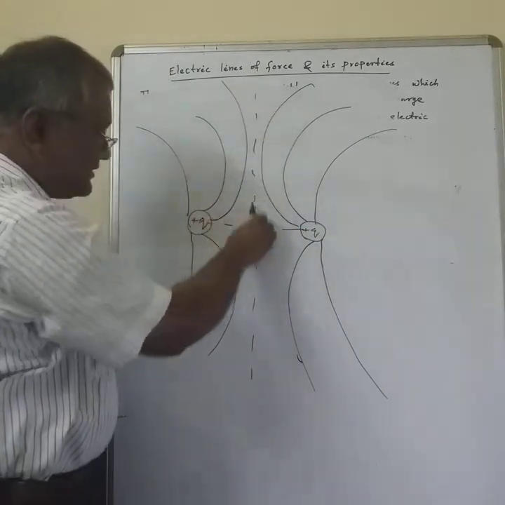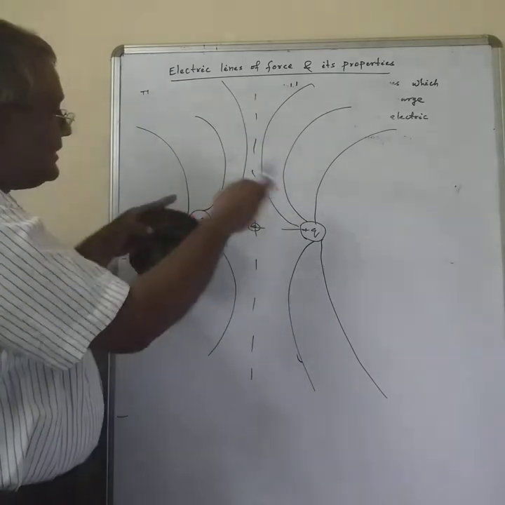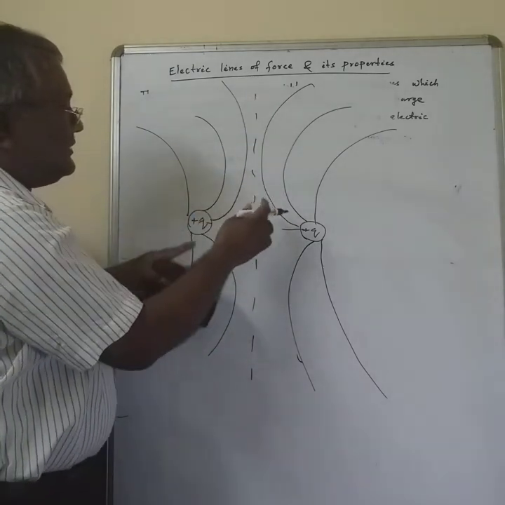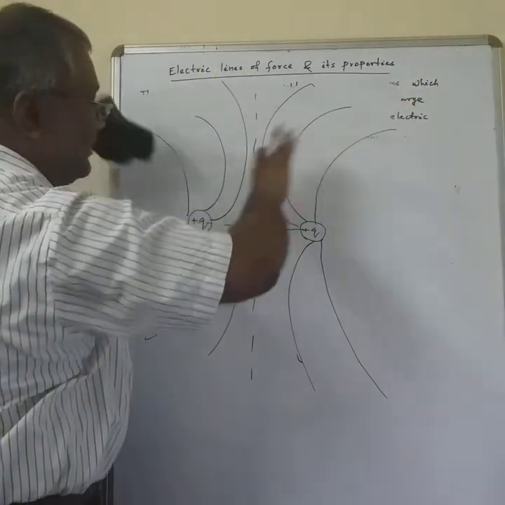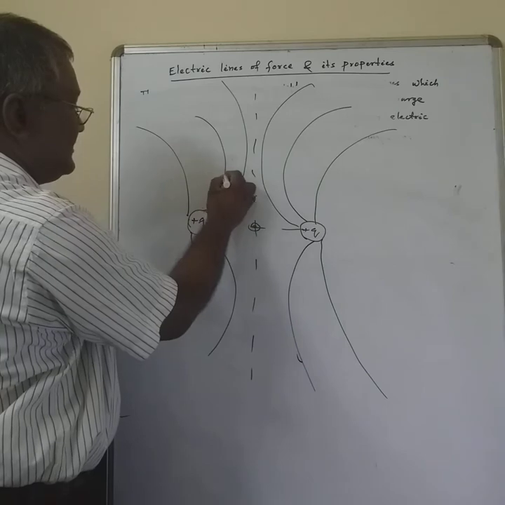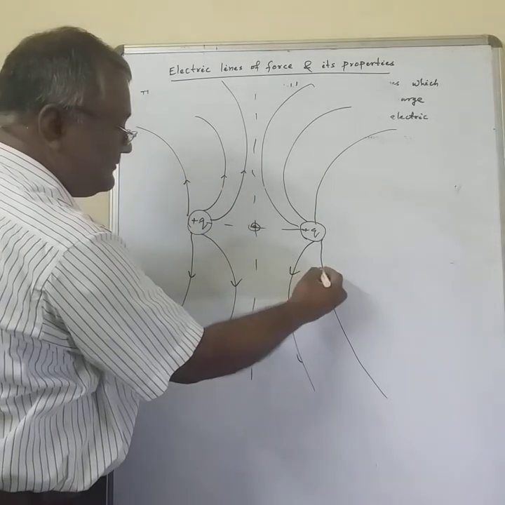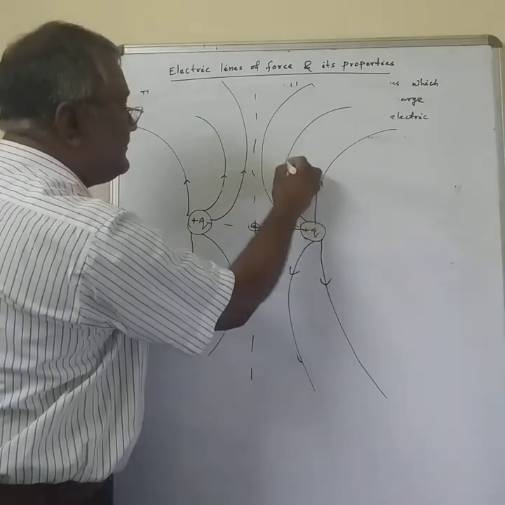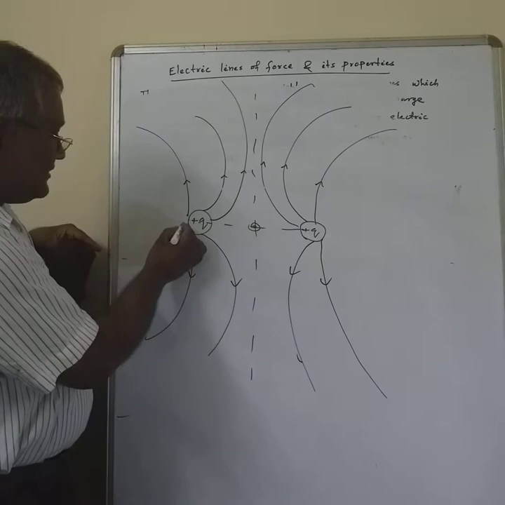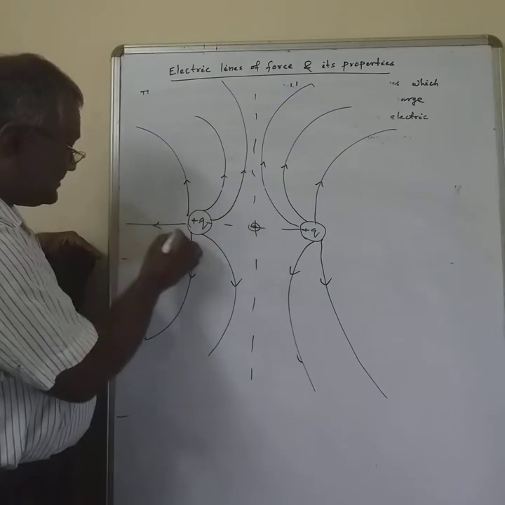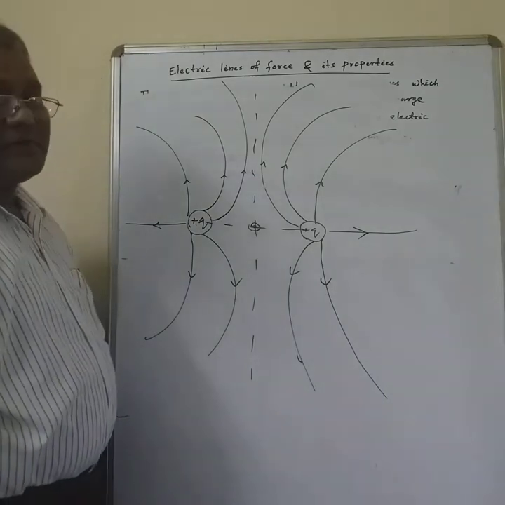On this line there will be no field lines because there is no field. That is why all the field lines will have a lateral or sidewise pressure. They will move away from both charges, positive away. In this line there will be no electric field lines. This is plus Q and plus Q.